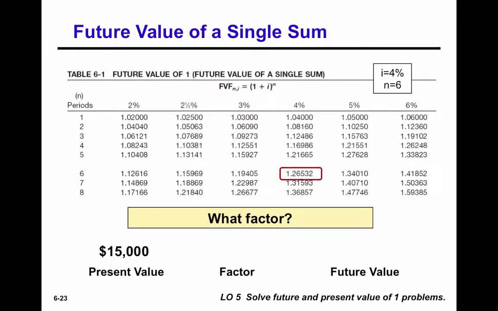The appropriate factor multiplied by the present value amount gives us 18,980, which of course you'll notice is greater than the amount that was received when the interest was compounded annually for 8%. This of course demonstrates the basic concept that the more compounding periods there are per year, the greater the future value will become.